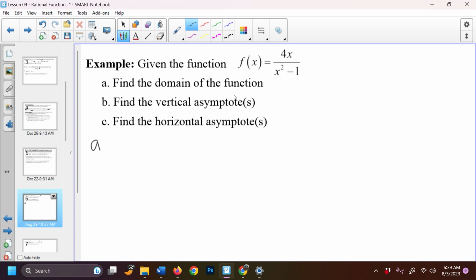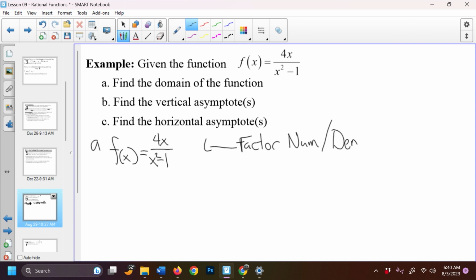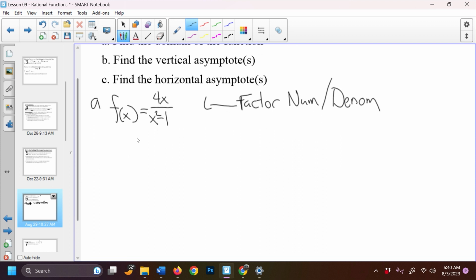Well, the first thing that I'm going to do is take the original function and factor the numerator and the denominator. In this particular instance, there's nothing really I can do with the numerator, but the denominator is a difference of squares.